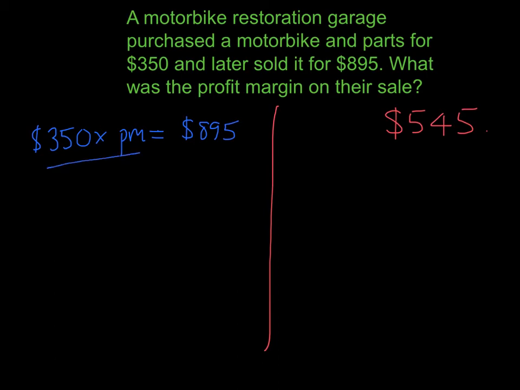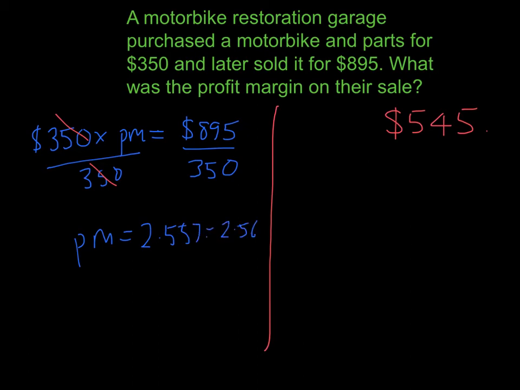So in this case, you could divide both sides by 350 to then get the profit margin on its own. So $895 divided by 350 is equal to 2.557, which rounded off is equal to 2.56. That as a percentage is equal to 256%.